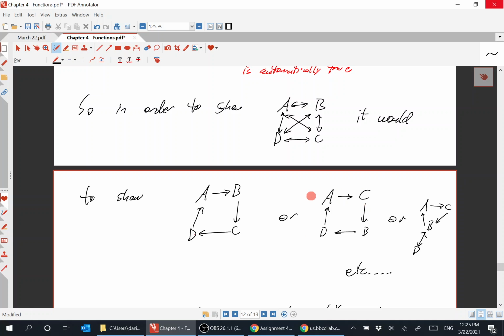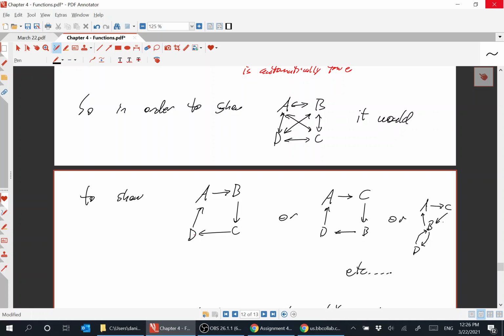Or some other, like instead of A, B, C, D, A, you can have A, C, B, D, A. Or something like this. This has 4 arrows. This one actually has 5, but it's less than 12. A implies C, C implies B, B implies A, and then B implies D, and D implies B. So that's another such diagram.